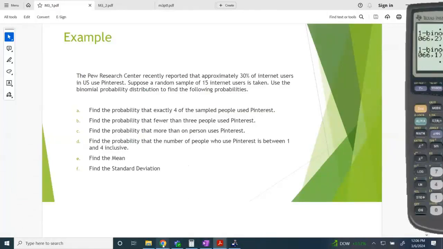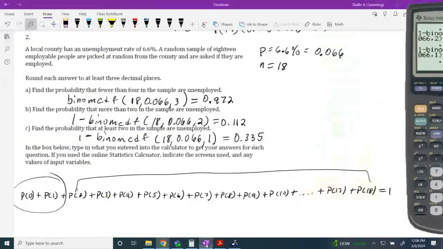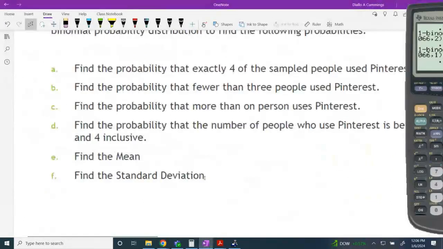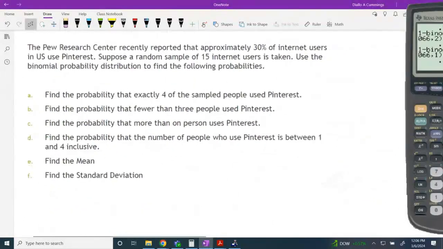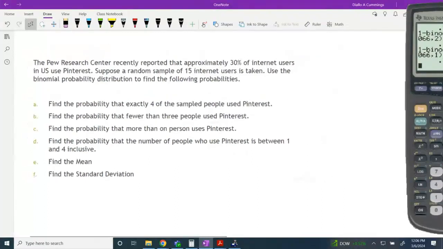Okay, so here again, in the question, they give us the probability of success, right? Either a person is going to use Pinterest or they're not going to use Pinterest. And it also gives us the number of trials, right?